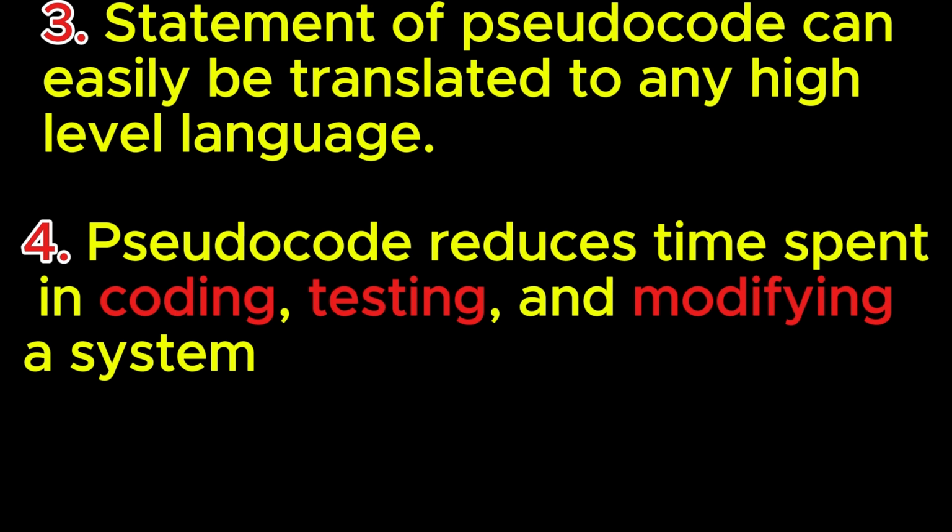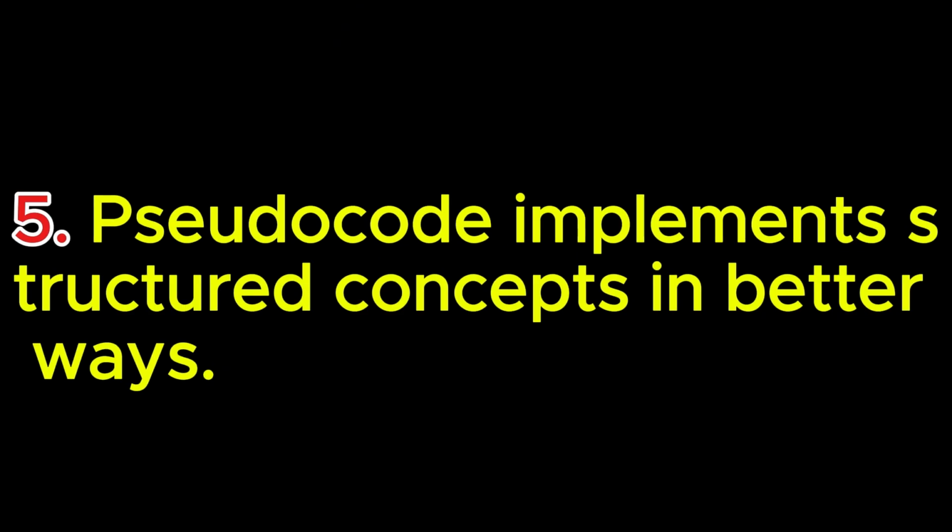The fourth one, pseudocode reduces time spent in coding, testing, and modifying the system. It is easy to write and test compared to other high-level programming languages. The last advantage is that it implements structure concepts in a better way.